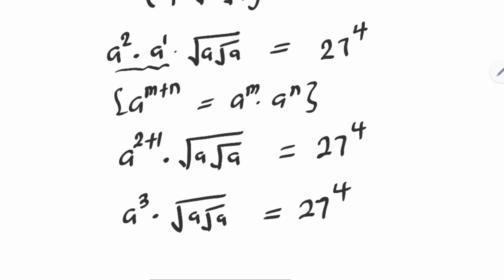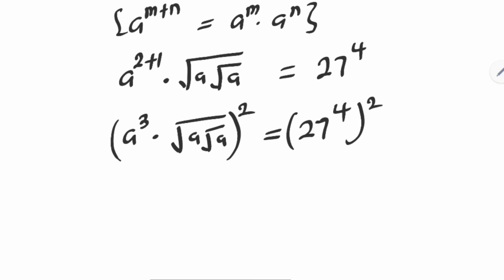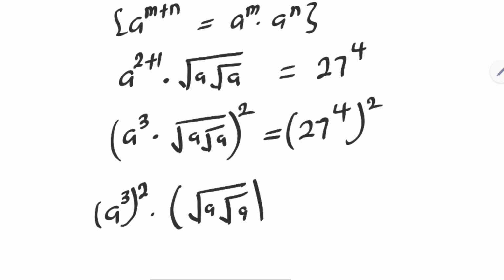Let us square both sides of this equation again, a squared and a squared. So this is a raised to power 3 to the power of 2 multiplied by square root of a, square root of a all squared is equal to 27 raised to power 4 all squared.